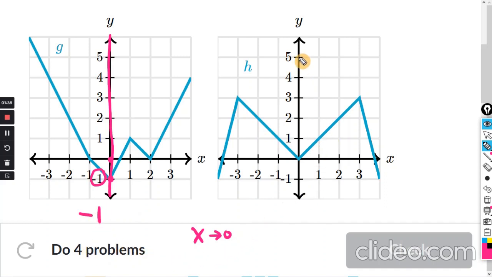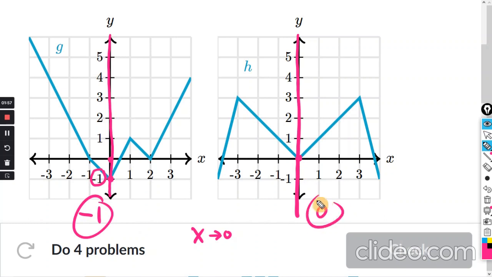And then on the other graph, here's the x-axis. x equals 0 is this line right here. We're approaching x equals 0 from this side, and it lands at y equals 0. And from this side, it lands at y equals 0. So for the g function, we got -1.